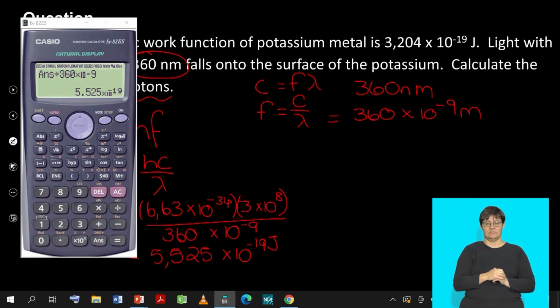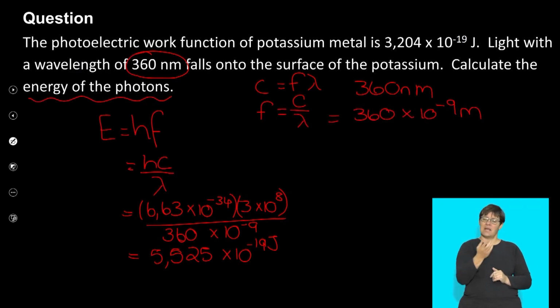Yep. Just as a side here, as I've mentioned before, you've got to look at your answers and say, does it make sense? These energy answers are always small. I have a constant that's to the power of minus 34. It is ridiculously tiny. So when this value comes out to be minus 19, in our heads we go, that's not a lot of energy.